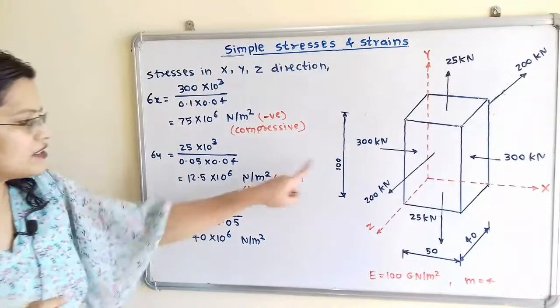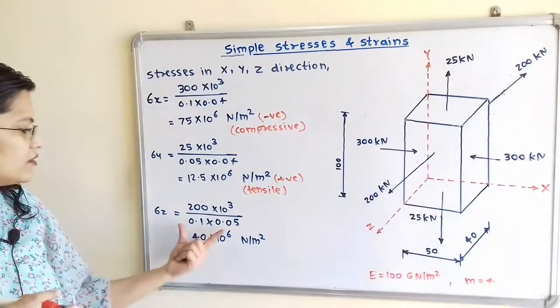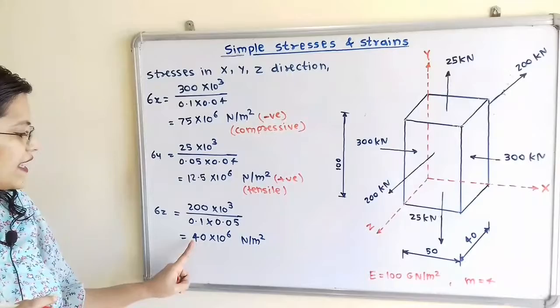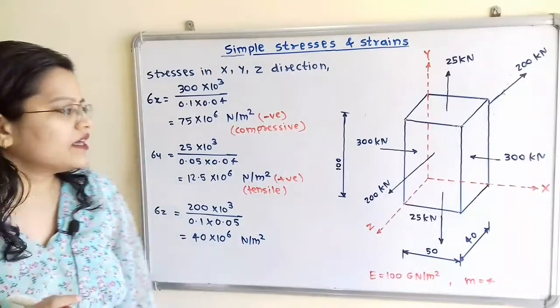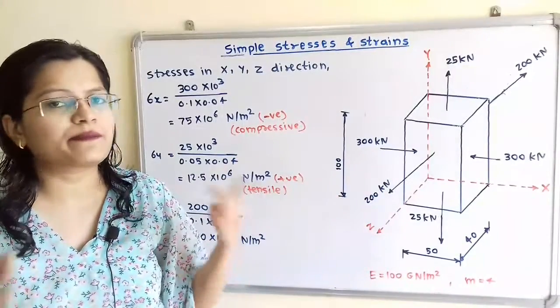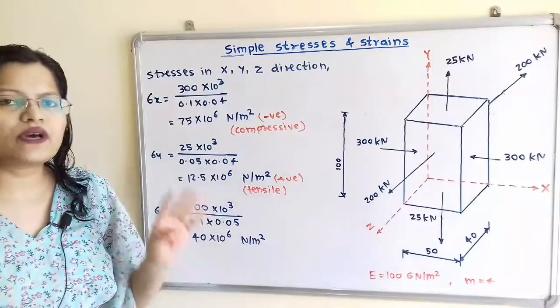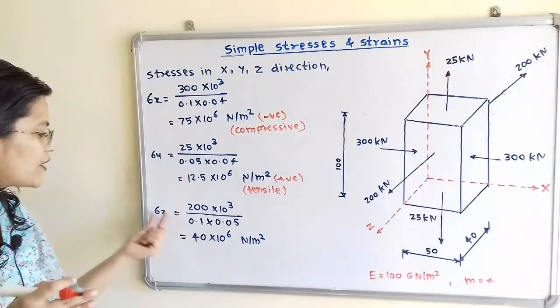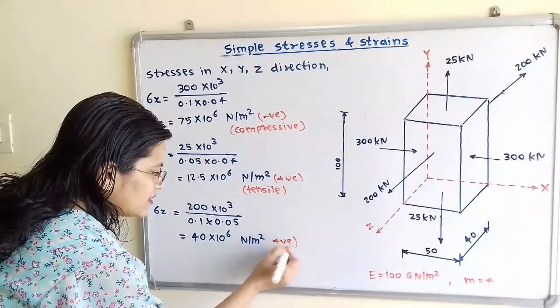So we take 0.1 and 0.05. When we calculate, we get the answer 40 into 10 raised to 6 Newton per meter square. Now the direction is outward, that is the type is tensile force, and we give the positive sign while we write the magnitude of stress, and the nature is tensile.